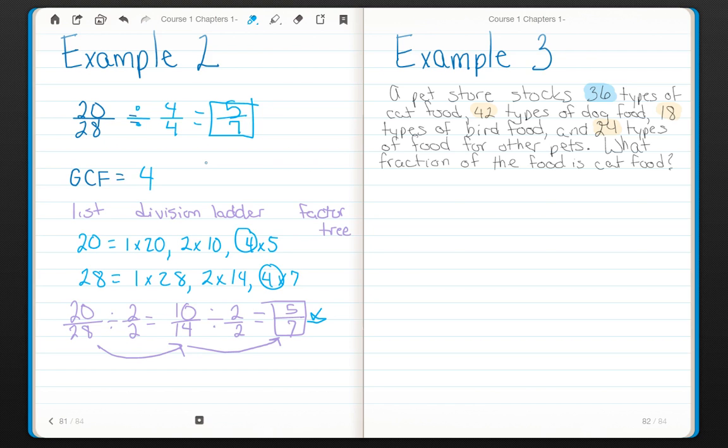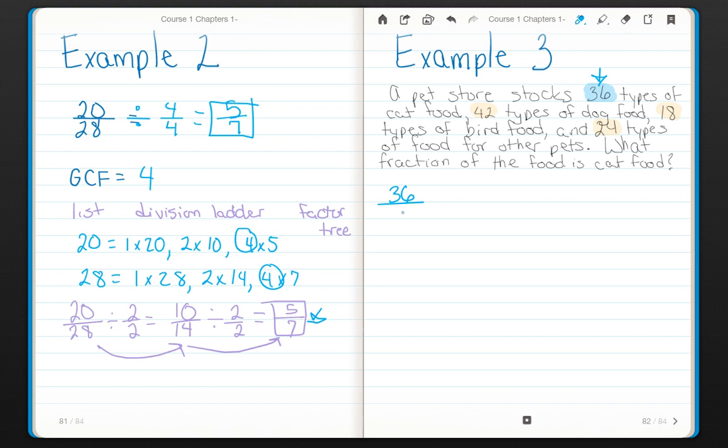Example 3. Use prime factorization. A pet store stocks 36 types of cat food, 42 types of dog food, 18 types of bird food, and 24 types of food for other pets. What fraction of the food is cat food? So I'm working with cat food here in blue. That's going to be my numerator. But the first thing I need to find is my total.